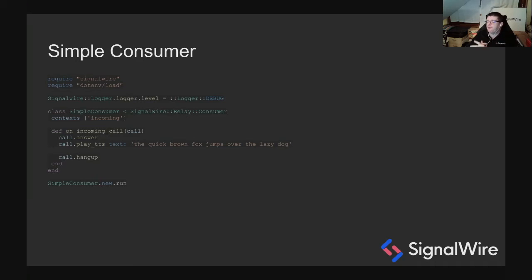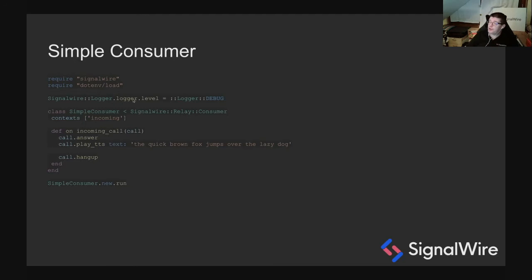Okay, so before we delve into an actual working application, let's take a look at a very, very simple consumer. What this consumer does is subscribe to a context named incoming, answer a call, and just say the typography testing phrase, the quick brown fox jumps over the lazy dog. As you can see, we're simply subclassing a consumer from the SignalWire Relay consumer.